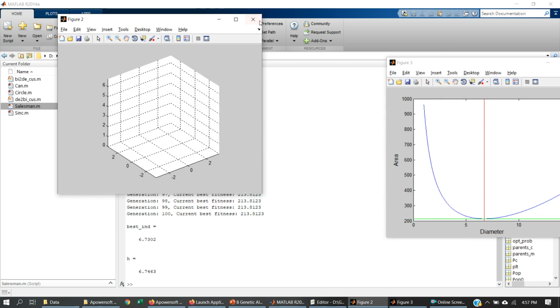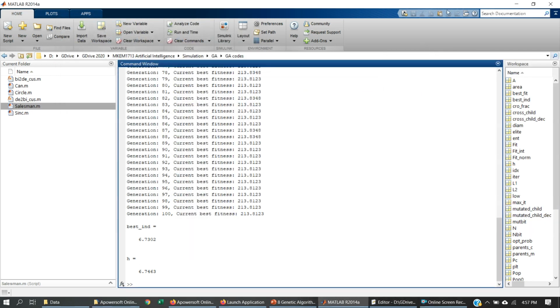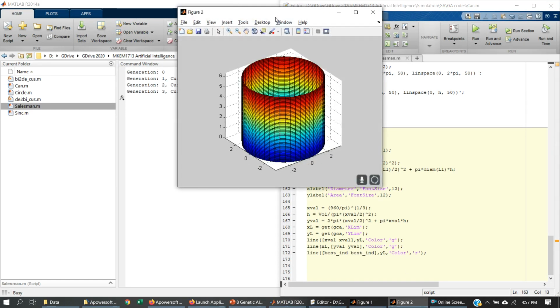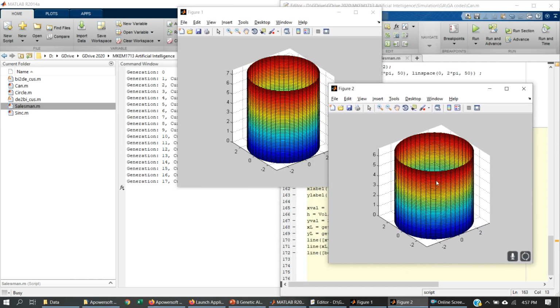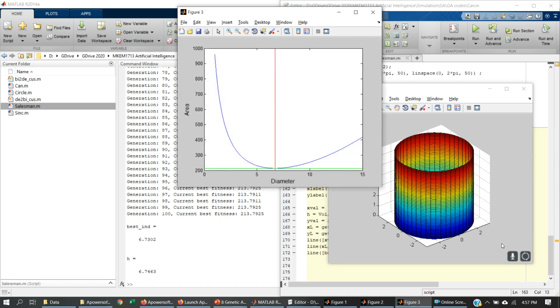Let's run this again. So it was changing if you saw it. The changes are very small, so that's why you don't see the changes in the can size.